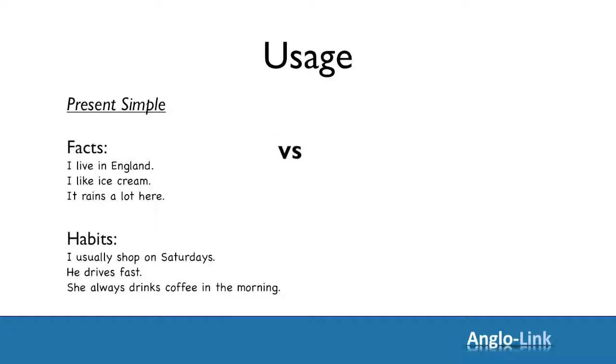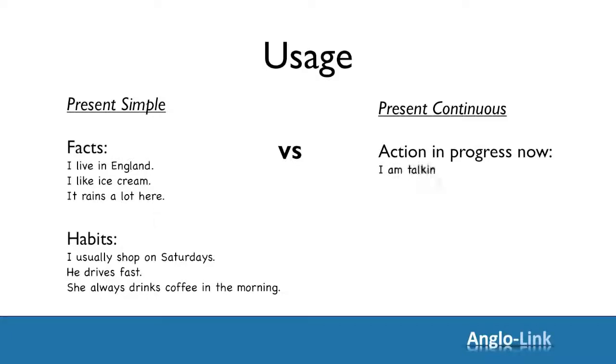Let's look at present continuous now. We use present continuous for action in progress now, temporary situations, things that are happening now and will stop at some point. Let's look at the examples. I'm talking to you. How about you? What are you doing now?